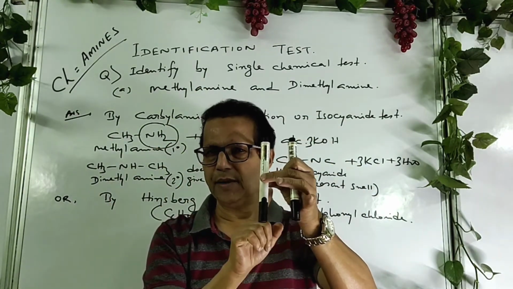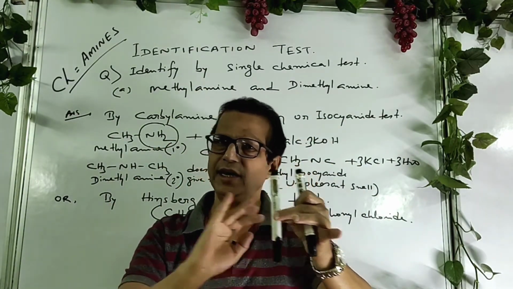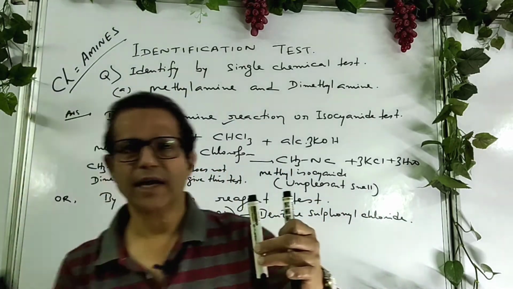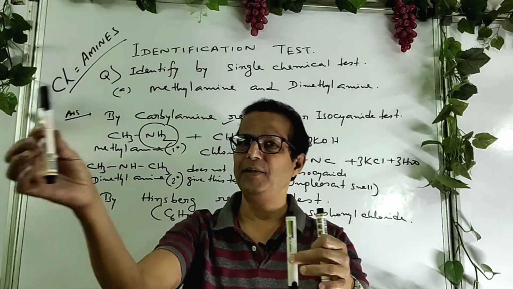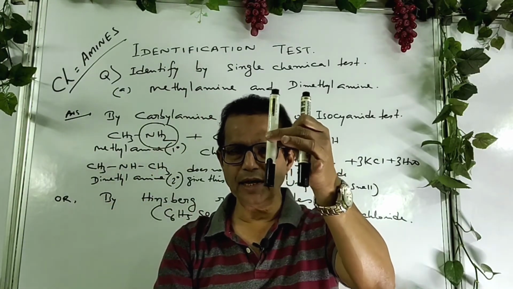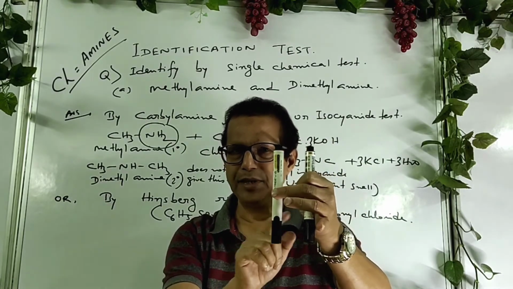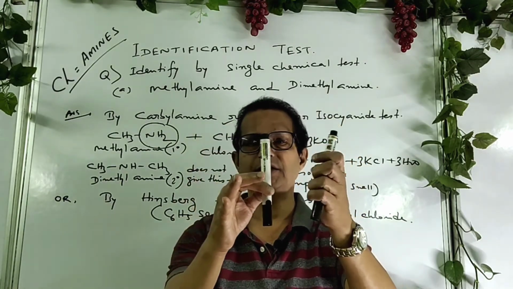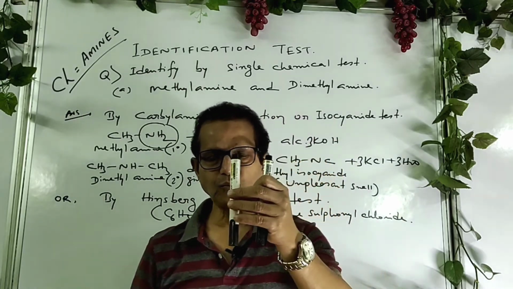One contains primary amine, another contains secondary amine, any primary or secondary. Just add Hinsberg reagent. In both of the cases, you get precipitation. Cloudiness or precipitation takes place in both of the cases.